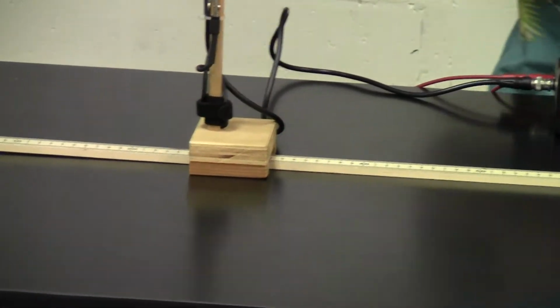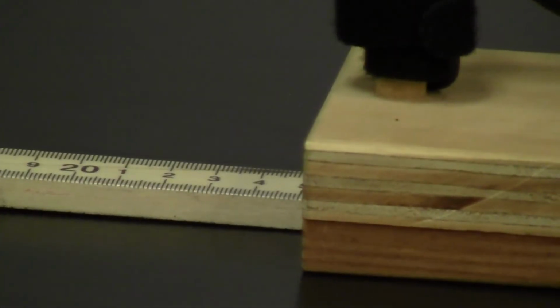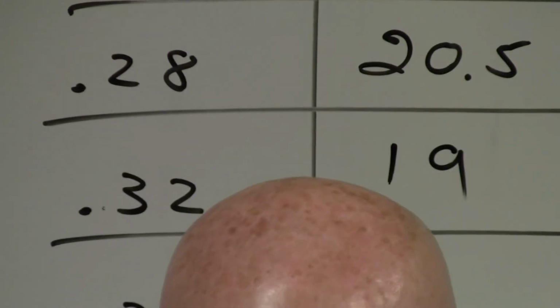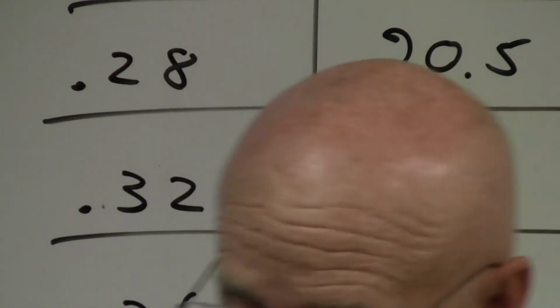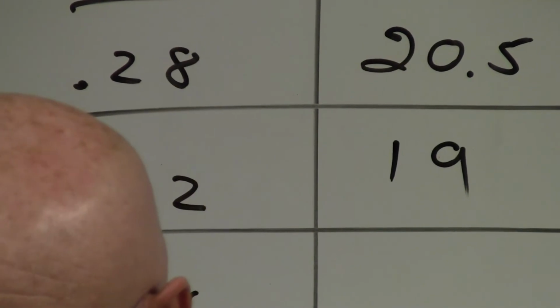32. Looks like that's about a 19. Is that true? 20, let's see, that'd be 18, 19. Could be about a 19 and a half even. So where was it? 36.